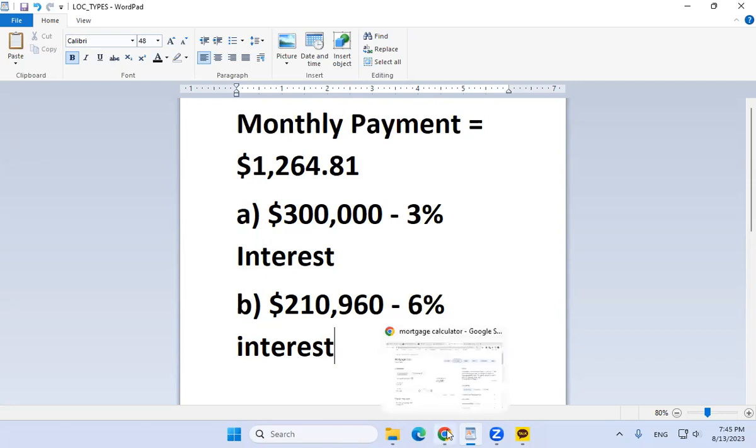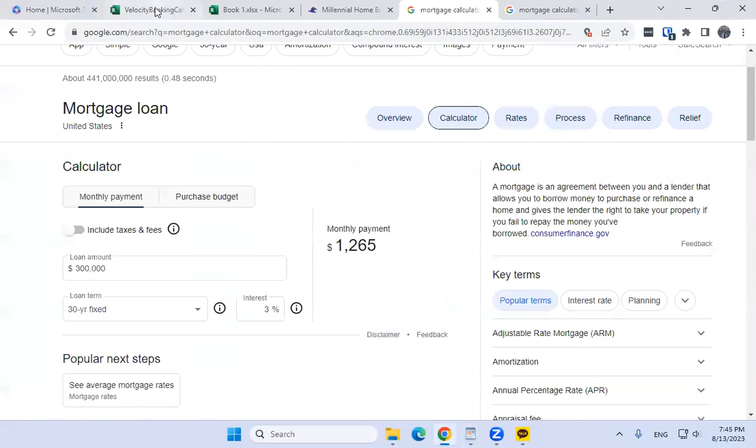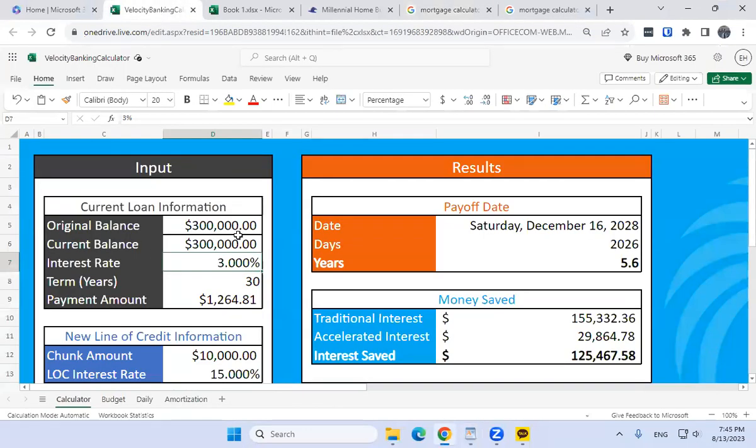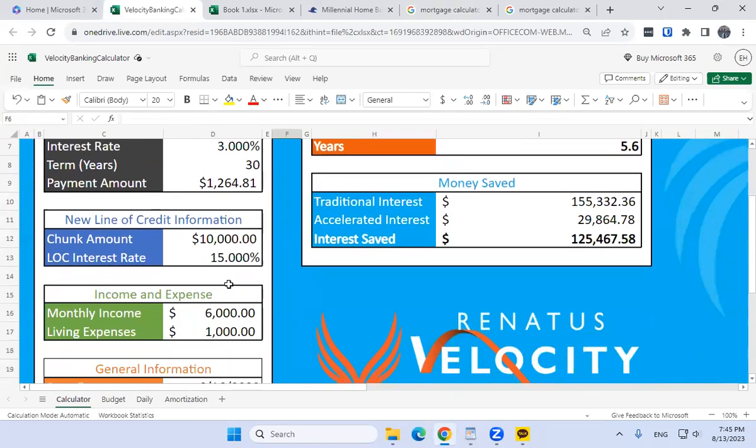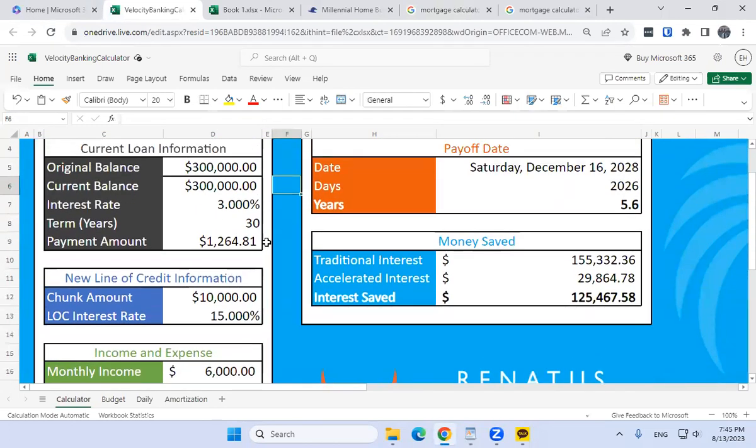Okay, so I have this velocity banking calculator right here. I've pre-filled some of the information: a $300,000 balance, a 3% interest rate, and that payment amount. We're going to use a line of credit. We have a budget here, and that's really all we need to figure out how long it's going to take to pay off the loan using velocity banking.